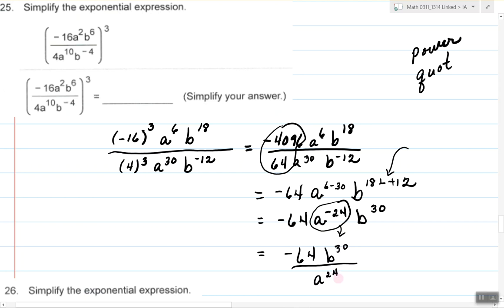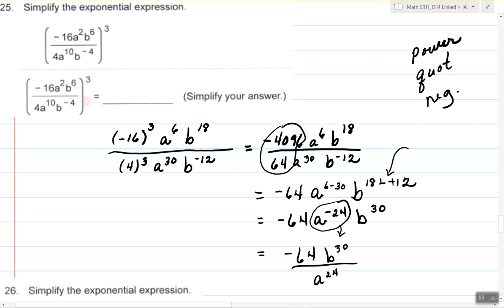Now, could you do things in another order? Could you have moved this b to the negative 12th up here? Yes, you could have, and then it would have been a product in the top. You would have gotten exactly the same answer, but if you will go in the order that I mentioned, I think it will be easier. So in this problem, I used the power rule.